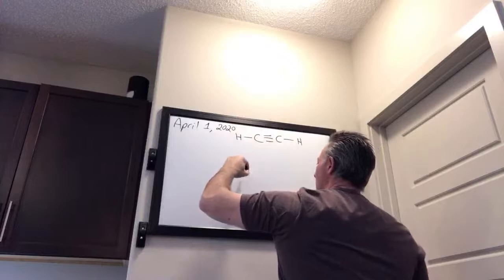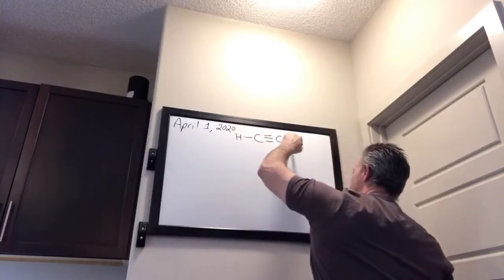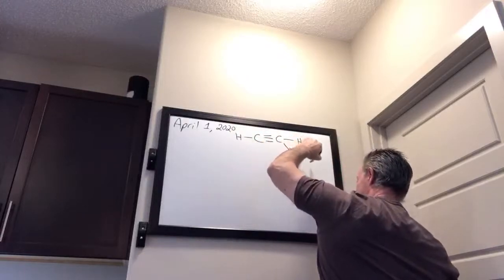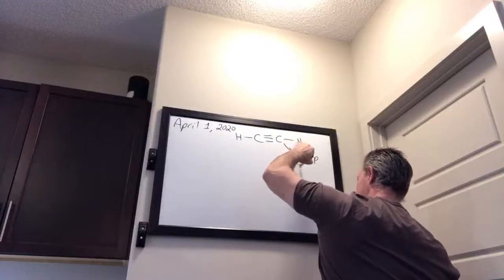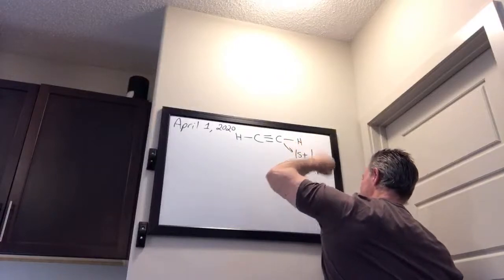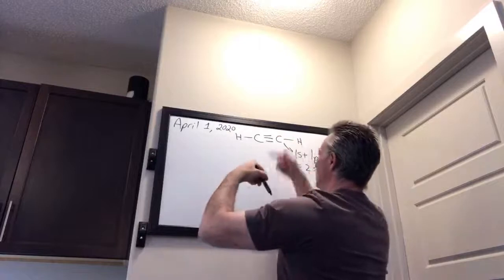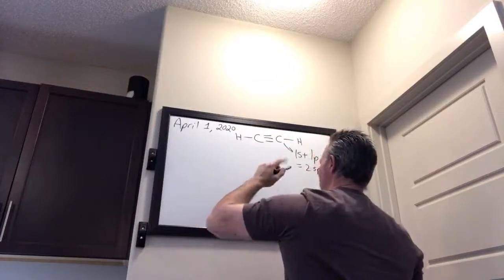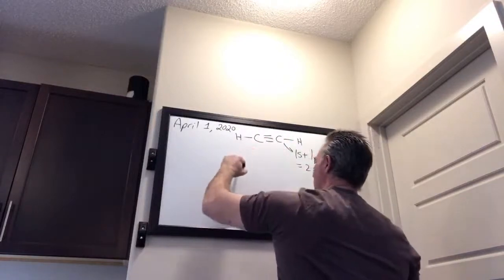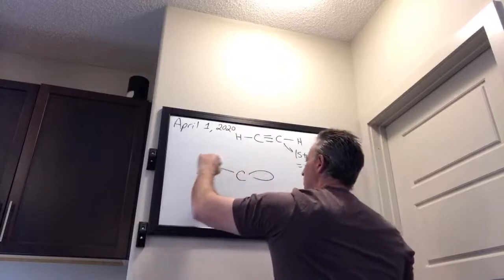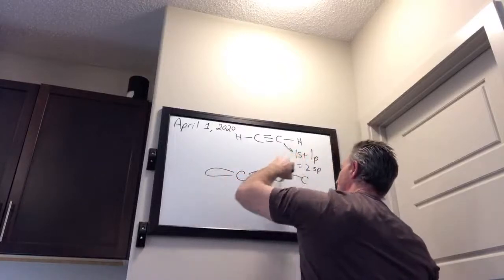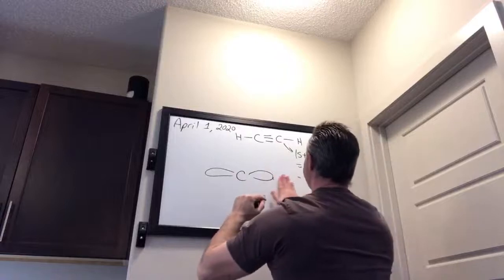If you were to show the hybridization, this carbon atom is a combination of 1 s and 1 p orbital to give you 2 sp orbitals. One pointing this way, one pointing that way. So that creates 1 sigma bond between the 2 carbon atoms. So you could show that. There's the sigma overlap.